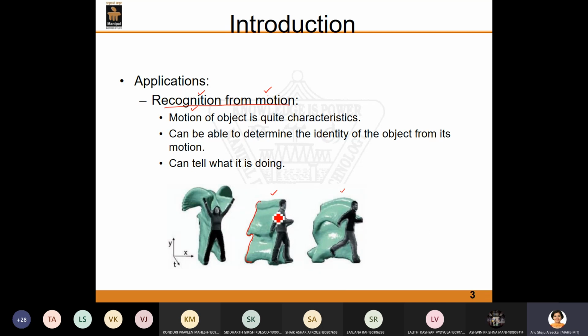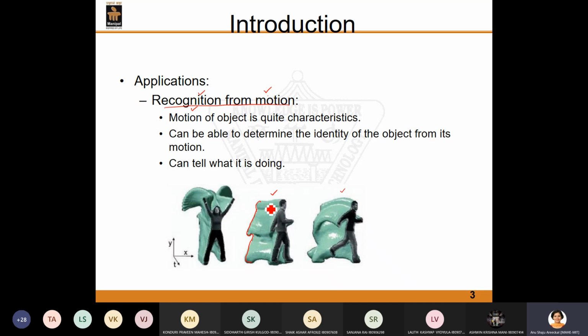Now what you can see is the trajectory of all of these are different. If you look at all the images stacked together, it is quite different. So by looking at this movement or motion information which has been captured over a period of time, you can easily recognize, or you can train machines to understand and recognize, what exactly is the type of action which is happening.